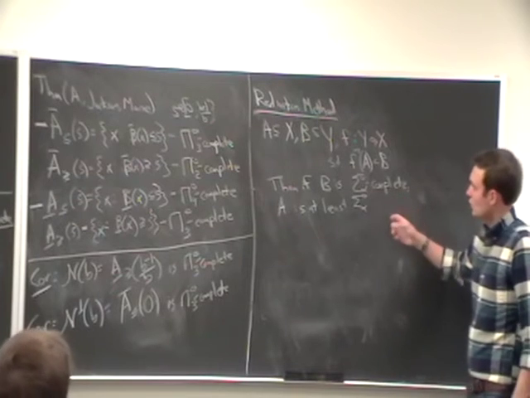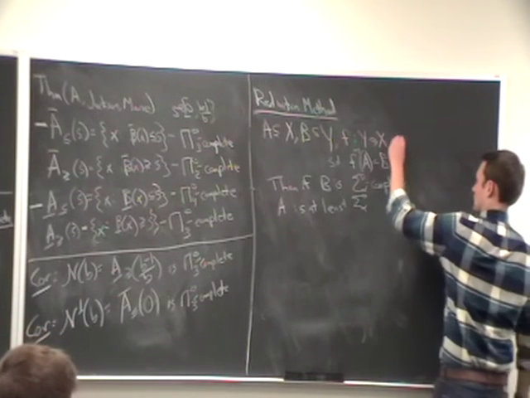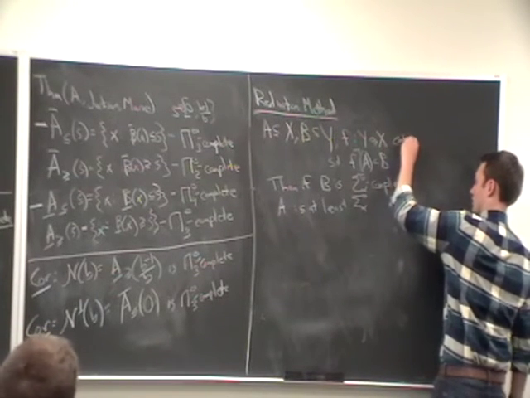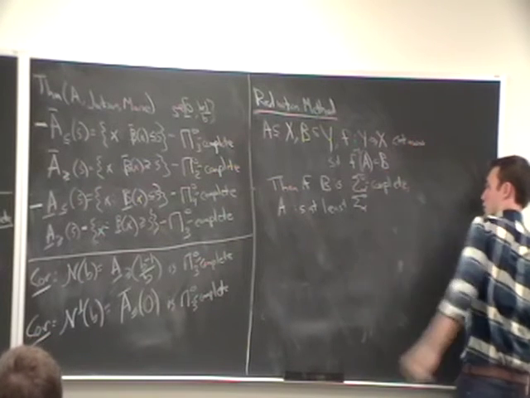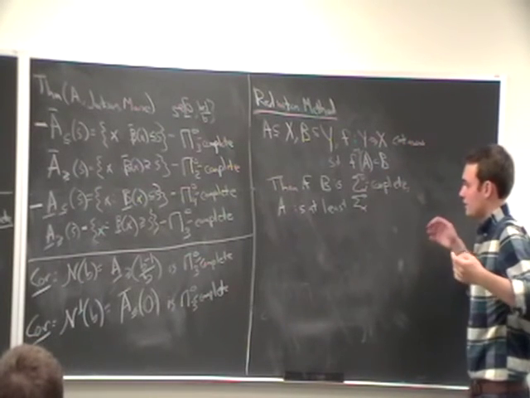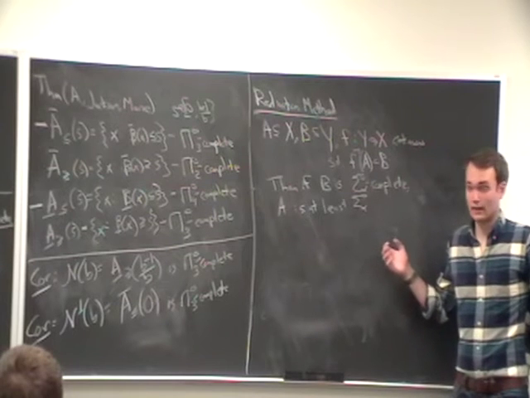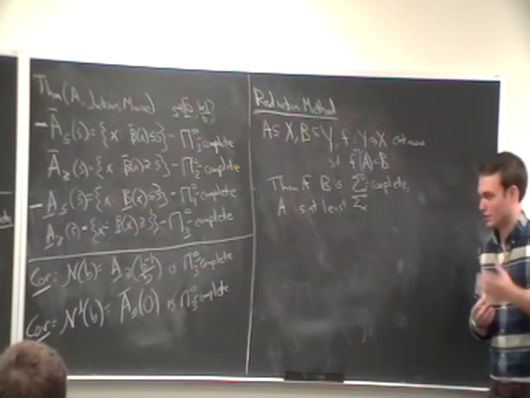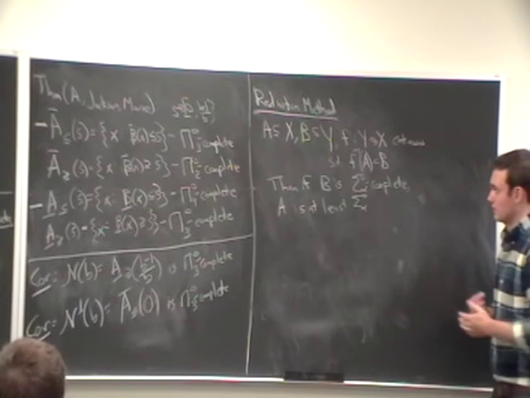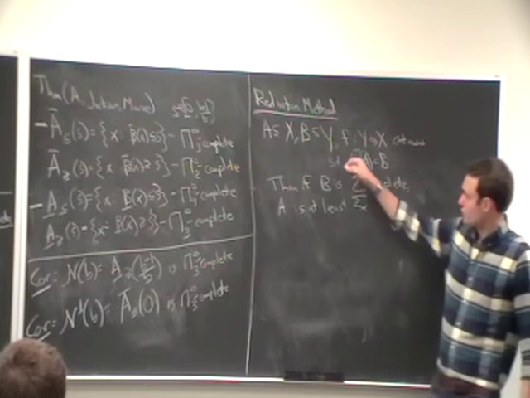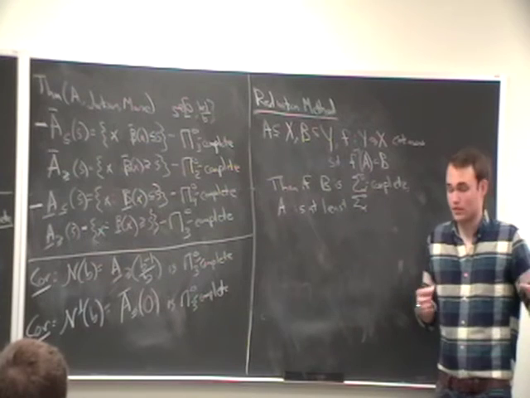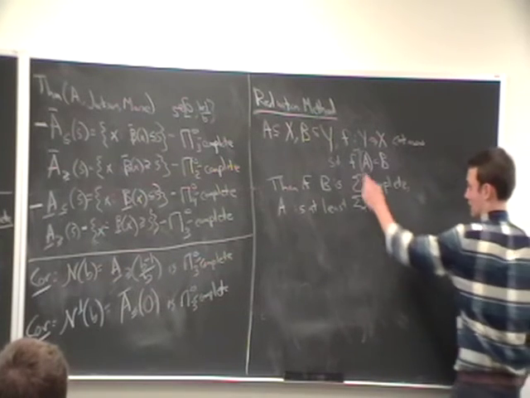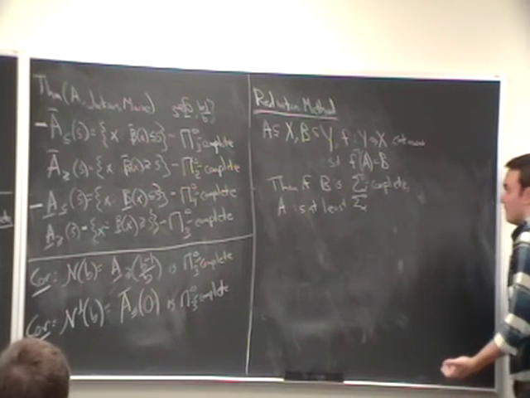So how do we see this? Well, f is a continuous function. This is a very important detail. So say that we could write A as some lower complexity class than Sigma 0 alpha. You know, say we could write it as a countable union of the countable intersection of open sets. Well, inverse functions preserve intersections and unions, so we can just take these out of the inverse function.